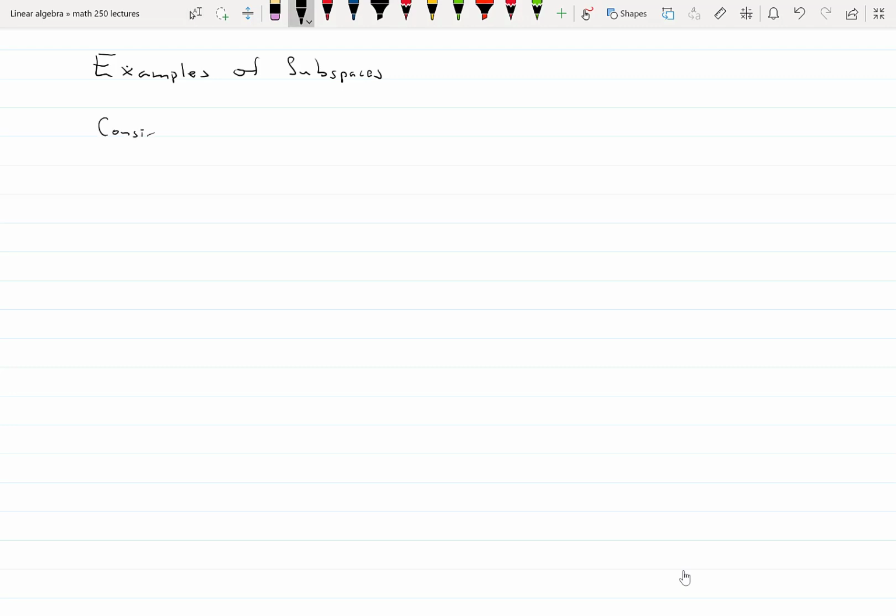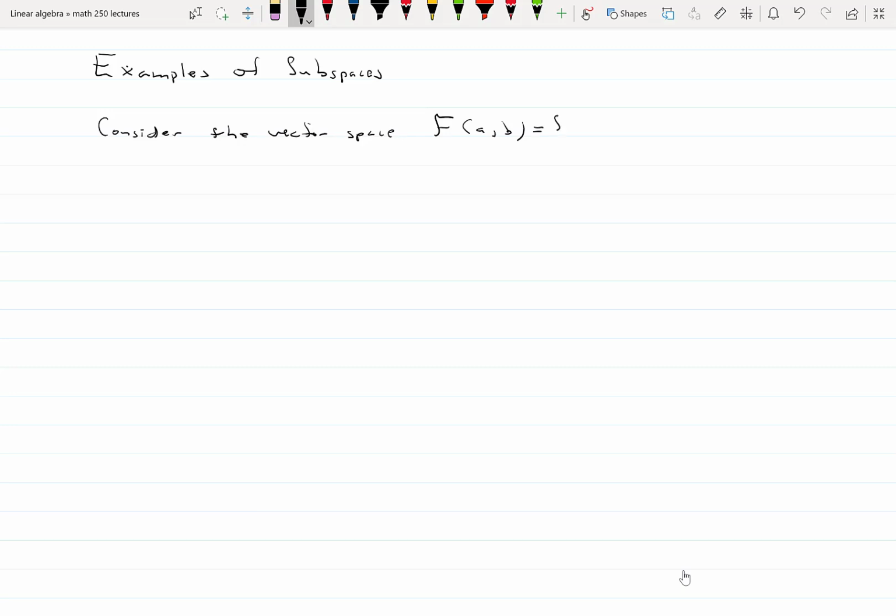Consider the vector space, the set of all functions f on AB. We talked about this set in our last video segment. It's also example 3 on page 68 in your textbook. I think your author proves it.